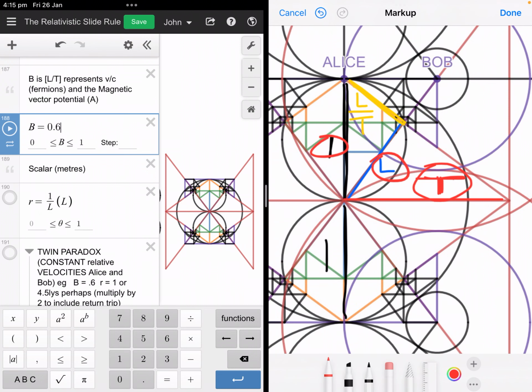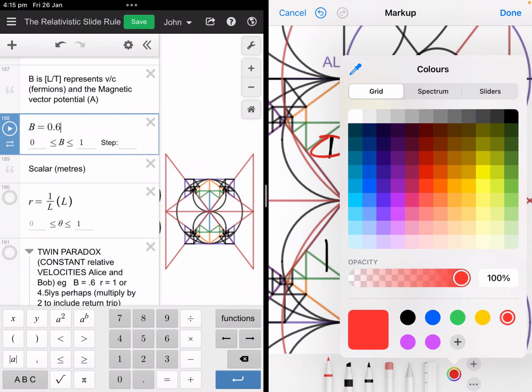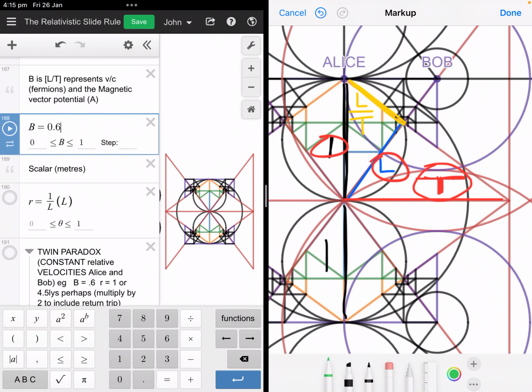You can see that there's all kinds of things going on. This little length here is actually L cubed over T squared, which is GM or KE, depending on whether you're working with the electromagnetic field or the gravitational field.